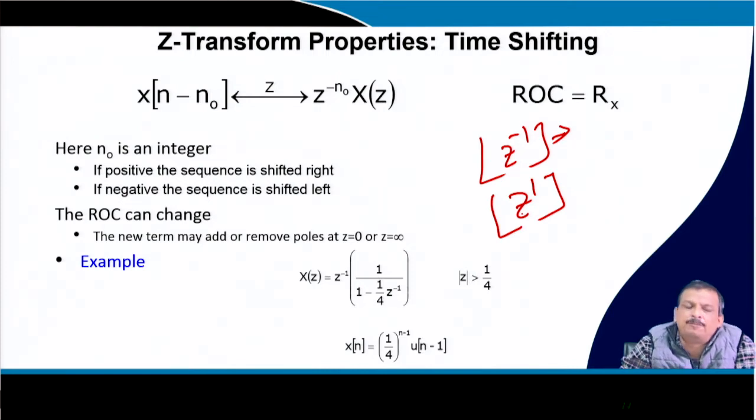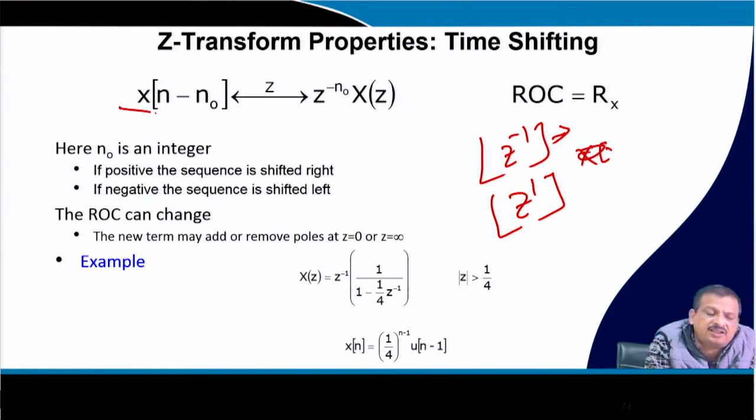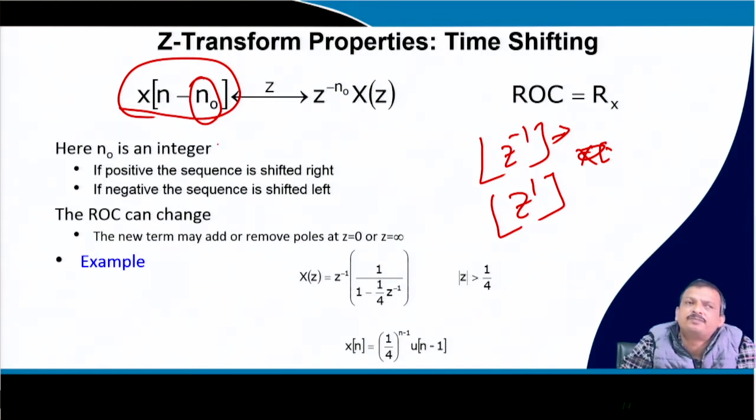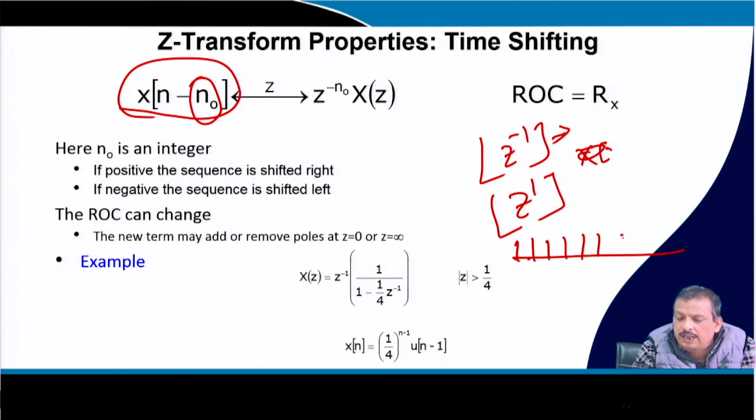So time shifting means x(n) is shifted by time n0, where n0 is an integer. Suppose I have x(n). If I shift it to this side, where this is x(0), say to position 5, it is x(n minus 5).